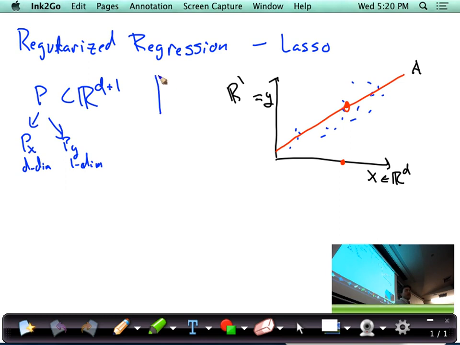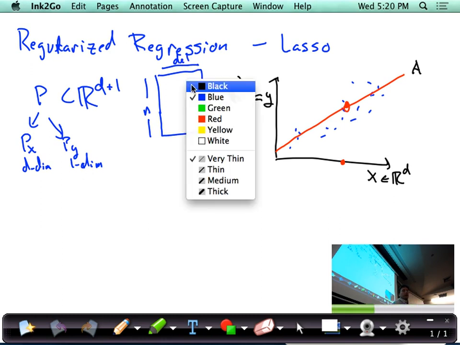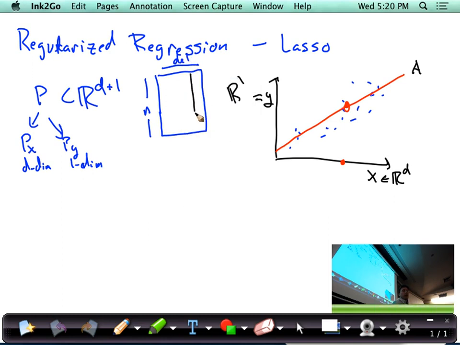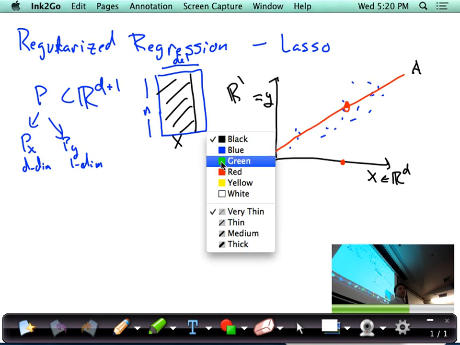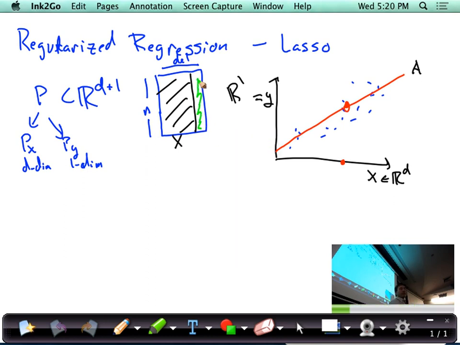If you think of this as a matrix of data, you have n rows and d plus 1 columns. You can break this into two parts: the first part is x, and the last dimension is y.